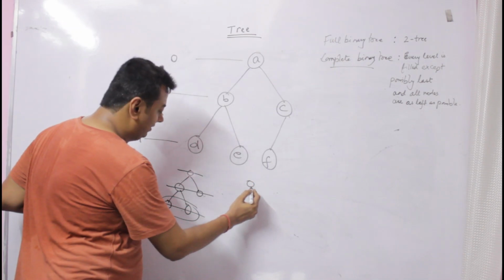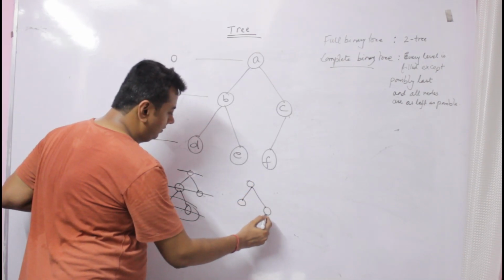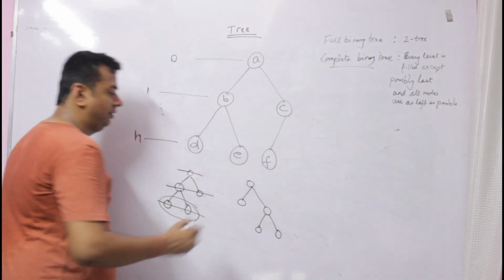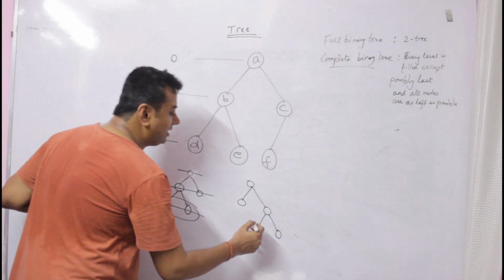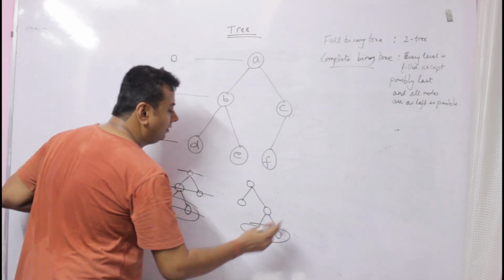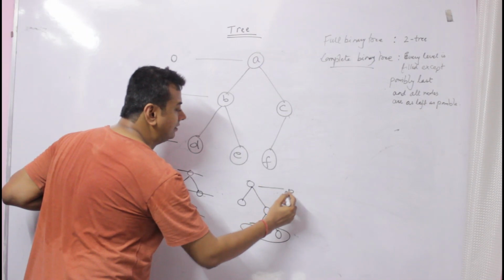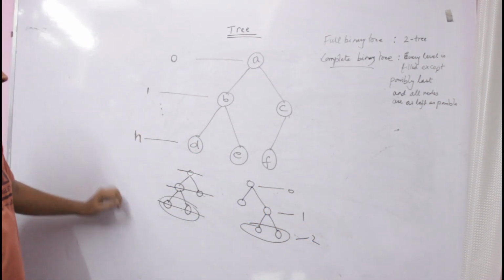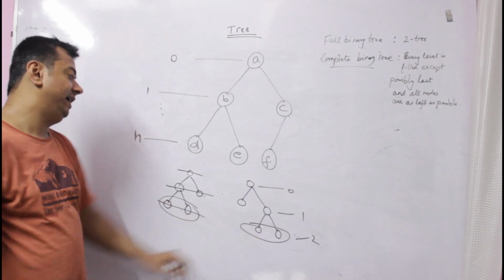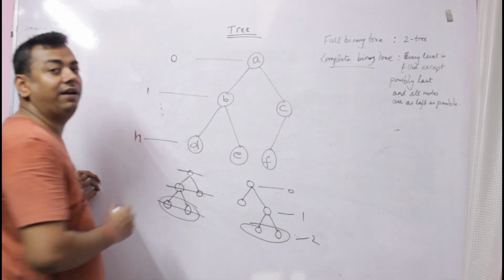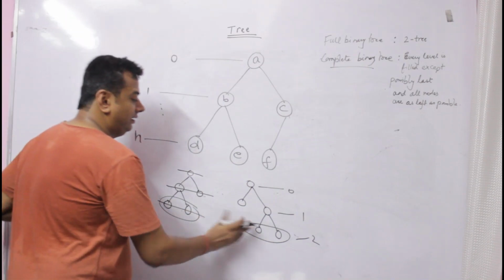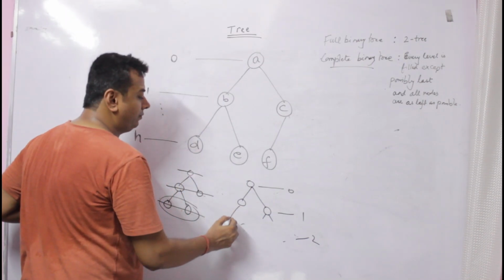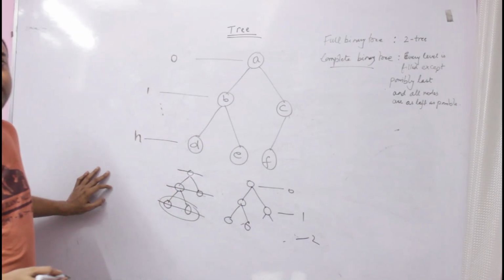What about this? This is the last level. This is 0, 1 and 2. This is the last level, and if you see, it is not left. These two nodes should be present on this side.